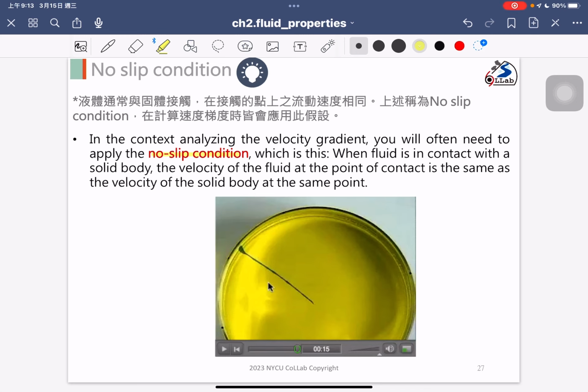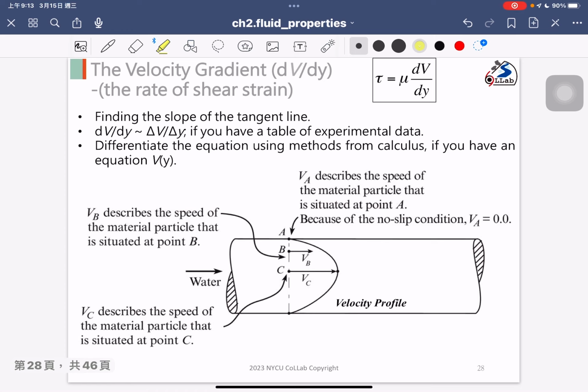Why do we need to compute the velocity gradient? Because we would like to calculate the shear stress. This is another example showing how we can compute the velocity gradient. Sometimes we call the velocity gradient the rate of shear strain.